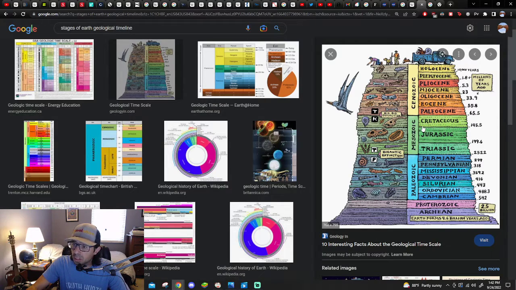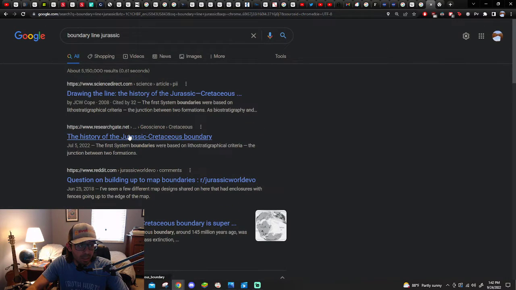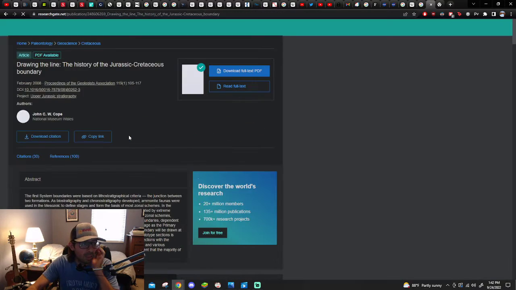It's thicker in the southern hemisphere, especially towards Antarctica. Boundary layer in this time frame, right at the boundary of Jurassic Cretaceous, maybe, is what I was kind of thinking. So let's see what we got here.